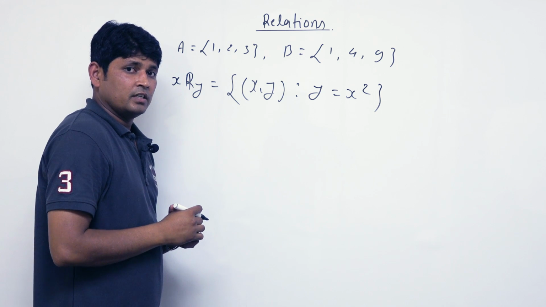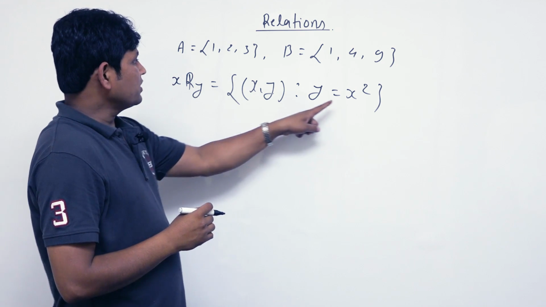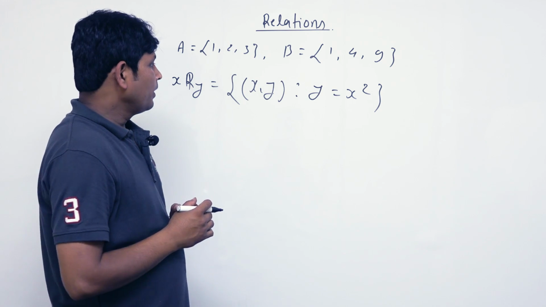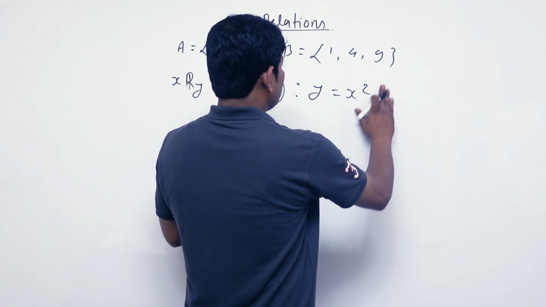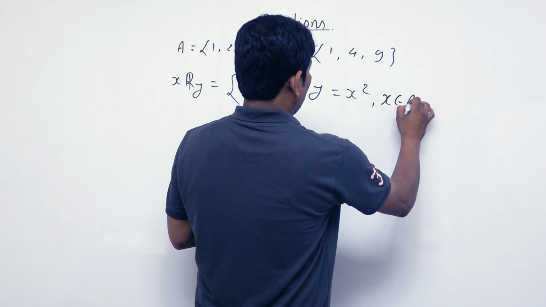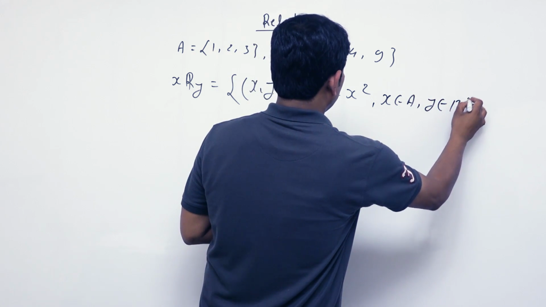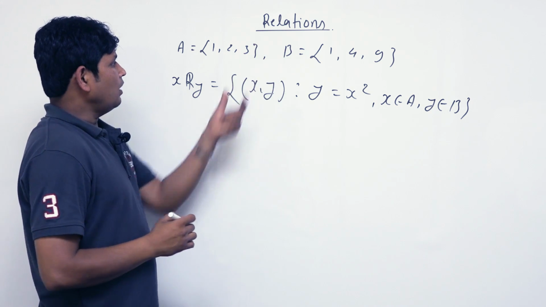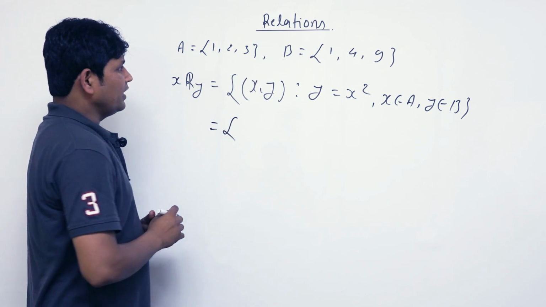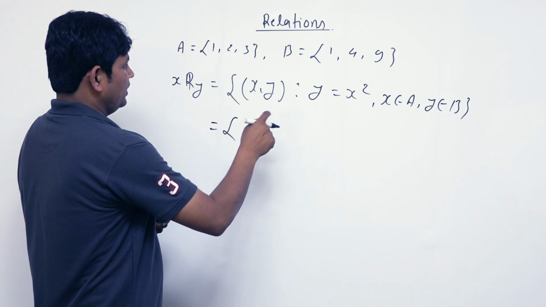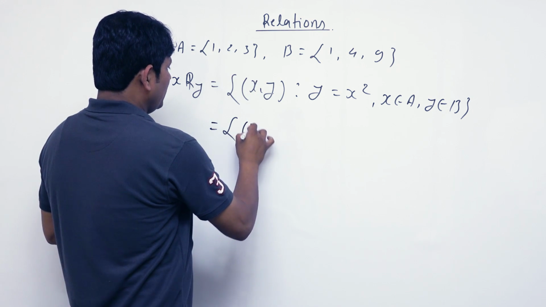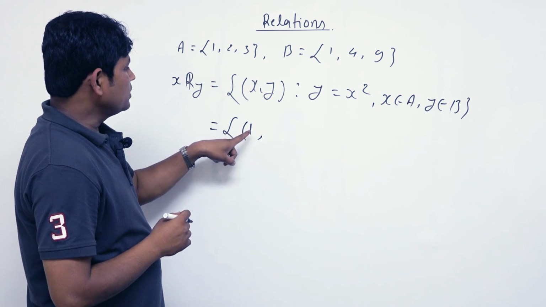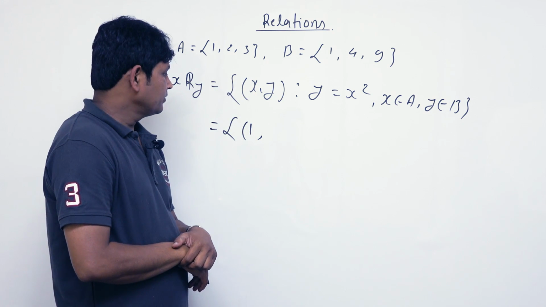We have to find the relation from A to B, where X belongs to A and Y belongs to B. If X is 1, what will be the value of Y?